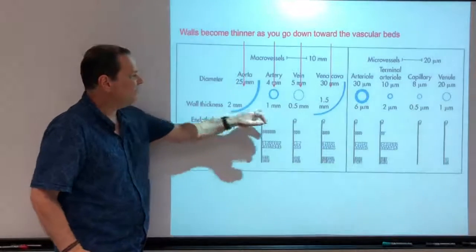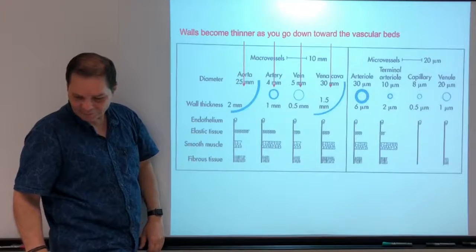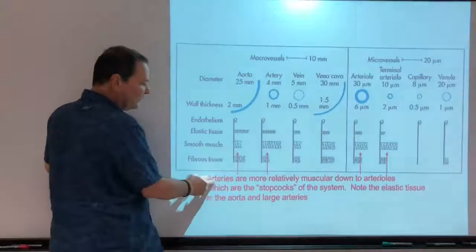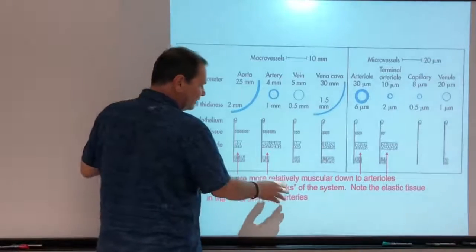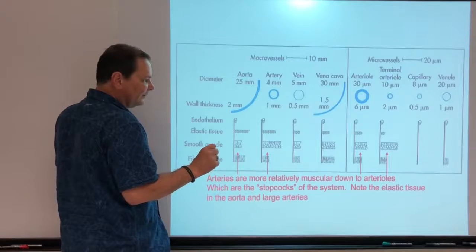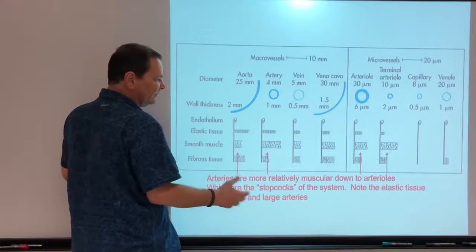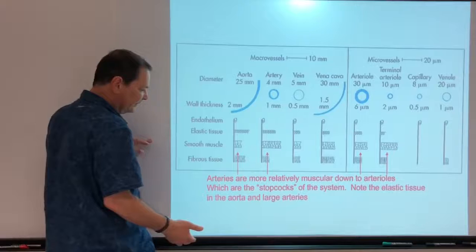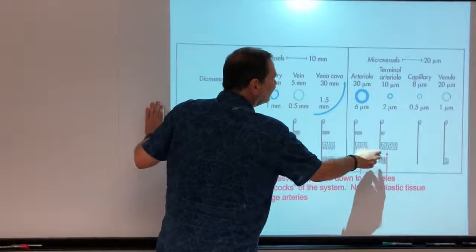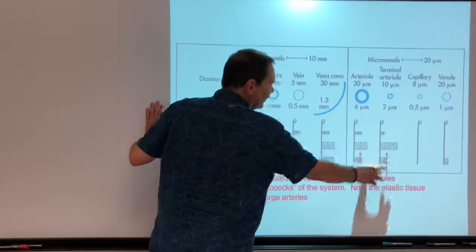And here you can see the wall thickness, so that varies with the size. Now, the arteries have relatively more musculature than the other vascular tissues, the veins and certainly the capillaries. You will note in particular how muscular the arterioles are.